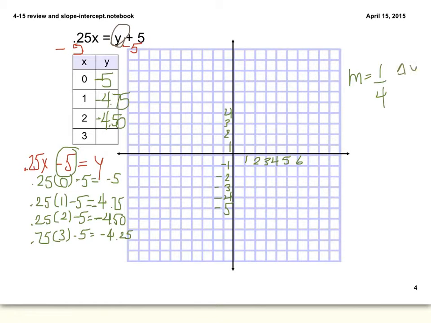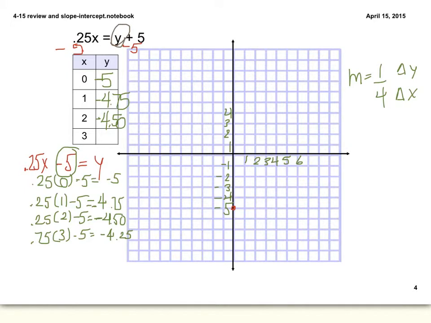My change in y is 1. My change in x is 4. So that's a nice gentle slope. It's not as gentle as the 1 over 8 that we had earlier, but that's still a nice, easy slope. Take 4 feet to go up 1 foot. That'd be okay for a ramp, possibly. So my first coordinate, 0, negative 5.